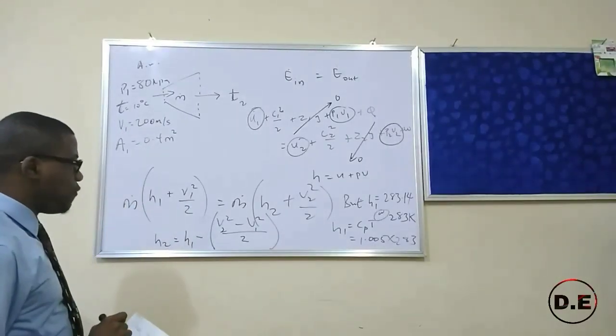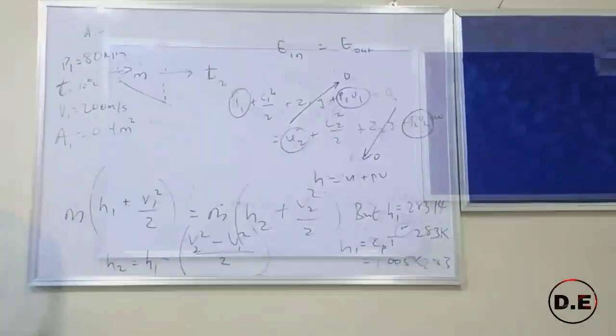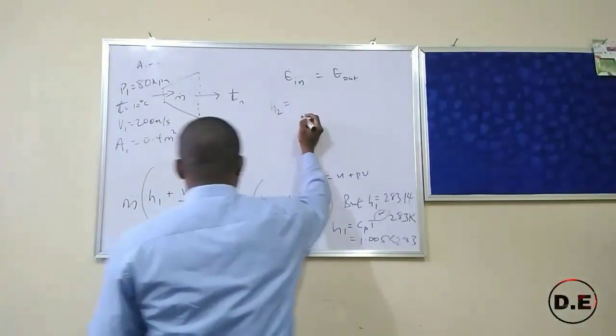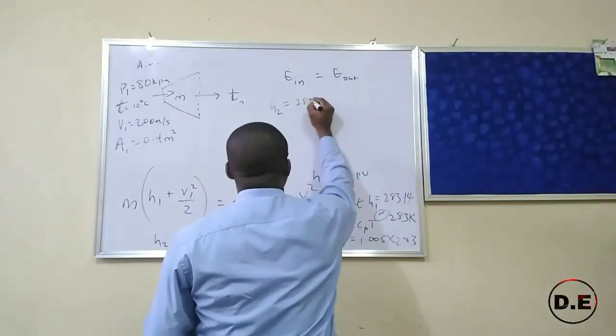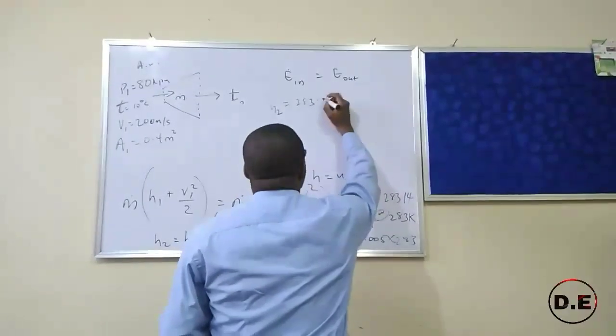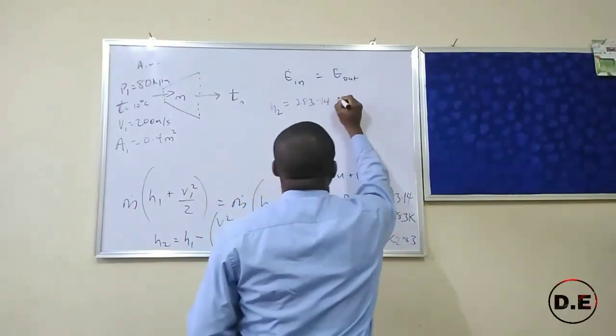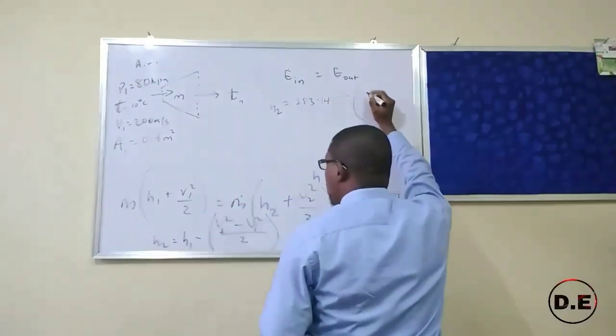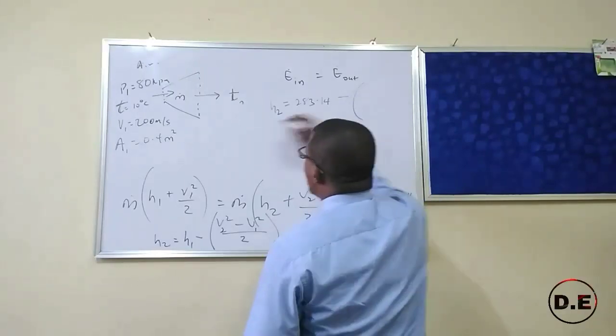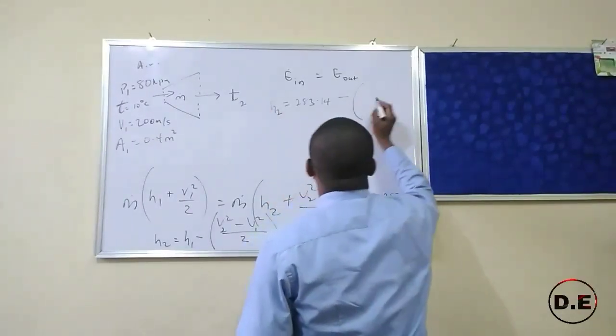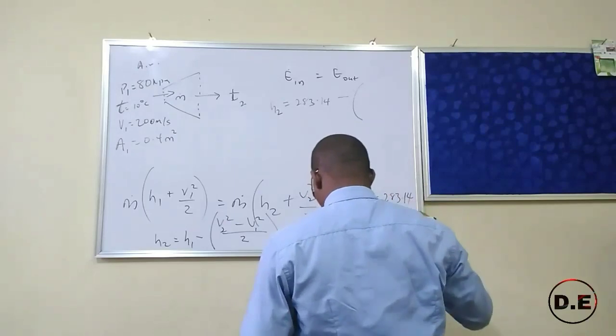Hence, I can therefore plug this into the equation. H2 is equal to 283.14 minus V2 squared, which is, of course, remember we were told in the question that V2 is 0.